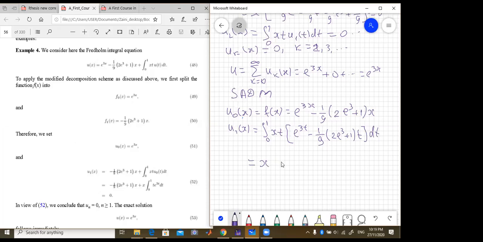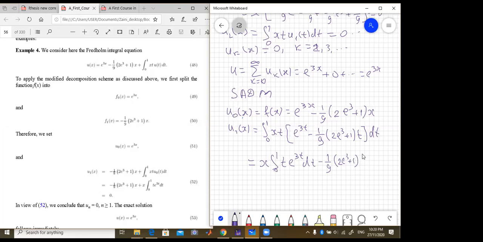So first one, integral from 0 to 1, t e to the 3t dt. Second, the constant, I factor out 2e cube plus 1.